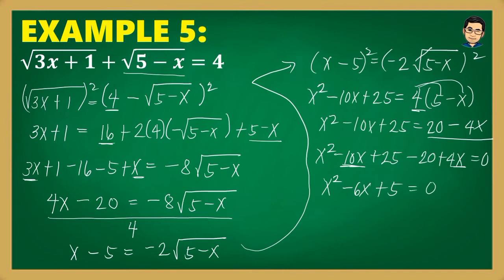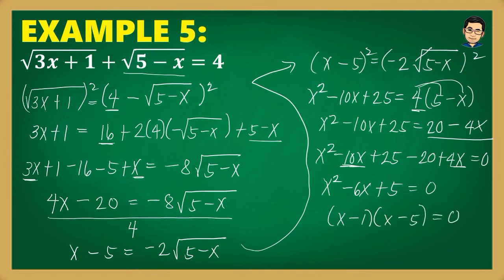And then, we will factor x squared minus 6x plus 5 to get the roots. The factors of 5 that add up to the middle term, negative 6, are negative 1 and negative 5. So, it becomes x minus 1 times x minus 5 is equal to 0.